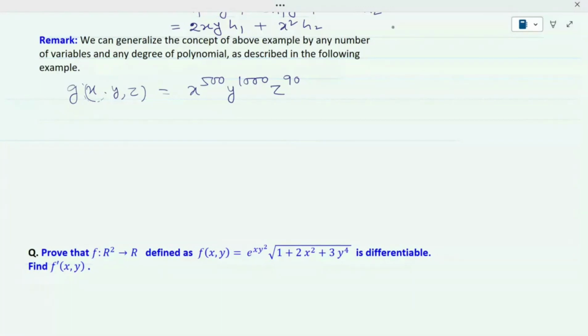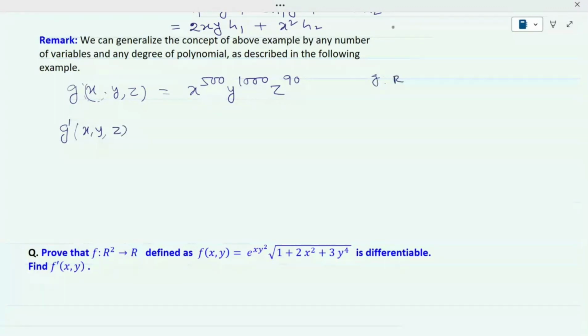You can take the derivative in the form of the product rule, because with x to the power 500, we cannot write 500 linear operators to solve this problem. So therefore, the generalized formula for this g'(x,y,z).